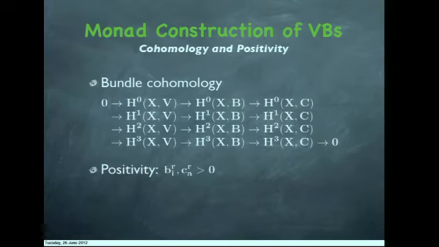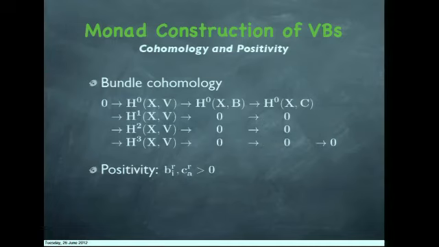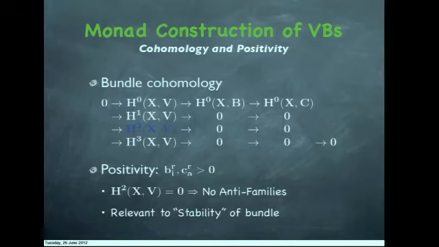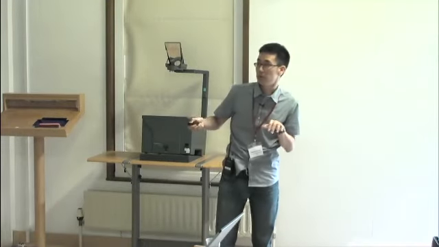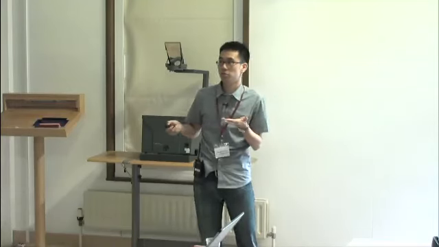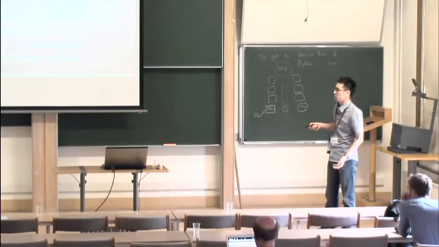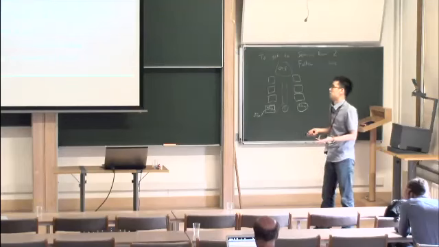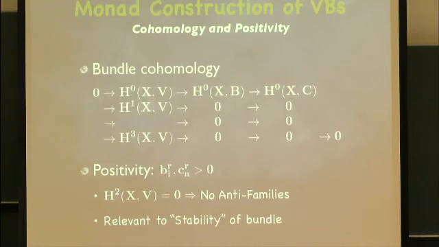And once we impose this positivity condition on the line bundles, we have this vanishing theorem. In particular, we have H^2 of V vanishing, and this implies that we don't get any anti-families in our models. So this is good. Furthermore, it seems that this positivity of the line bundles is related to the bundle stability, which can be quite difficult to check in a brute force manner. So we impose this positivity condition as a natural constraint for our model building.